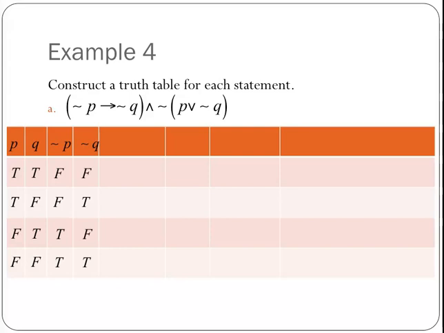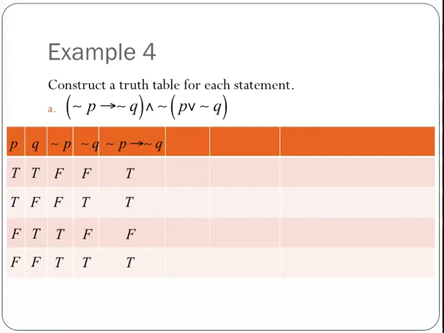Next we're going to take the first parentheses, not P implies not Q. Remember, the one case in which this is going to be false is if the first statement is true and the second statement is false. That looks like the third line here. So this is true, true, and in this one, not P is true and not Q is false, so this is false. And both are true, so that's true.